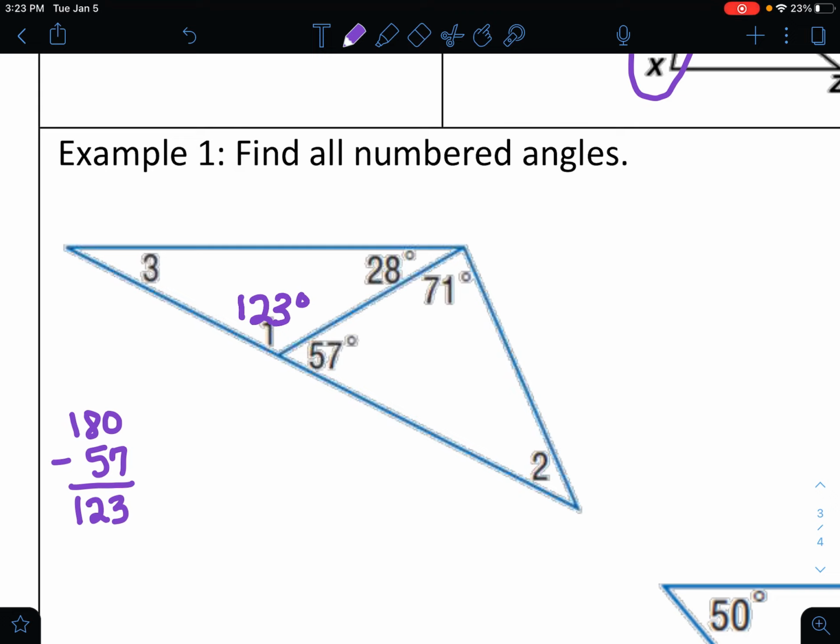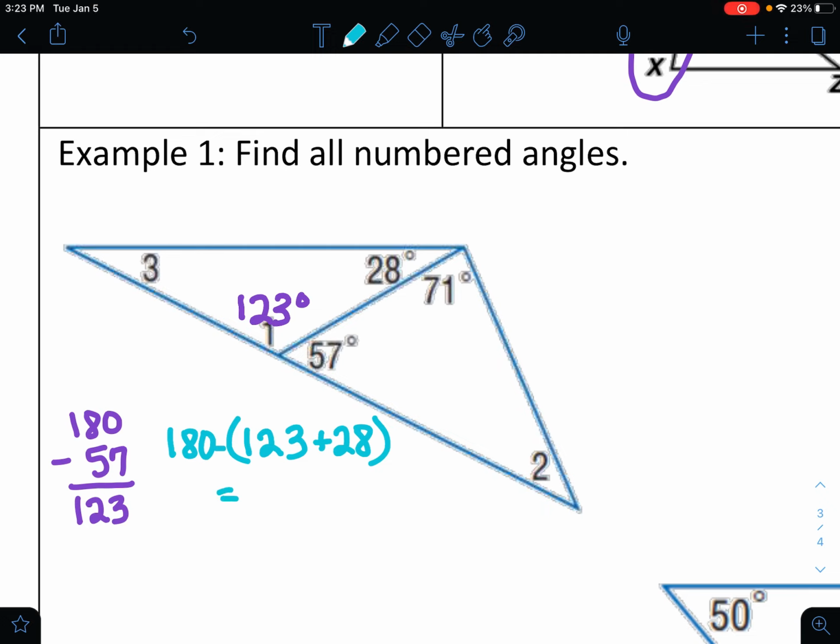Now that we know what angle 1 is, we can figure out angle 3 as well. We can also figure out angle 2. It doesn't really matter what order you do it in. To find angle 3, I can add together the 123 and the 28, and then take that away from 180.